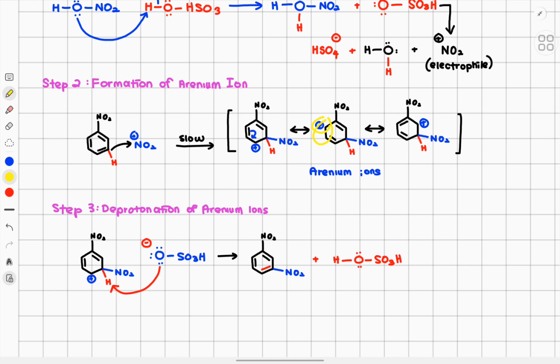By the way, the NO2 stays. It doesn't move, only the carbon double bond will move. If the carbon double bond moves, the ion also moves. That's why it is called intermediate.